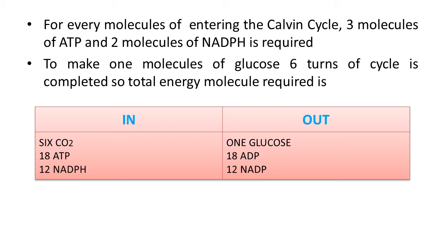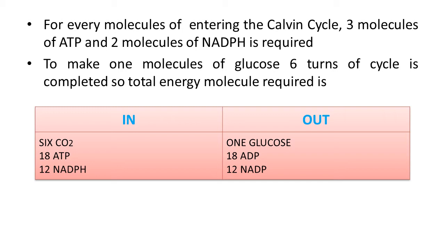If we talk about NADPH here, input is 12 molecules of NADPH, against it the output is 12 molecules of NADP. So by studying this table, by calculating the input and output of the entire Calvin cycle or C3 cycle, now the calculation is clear in our mind.